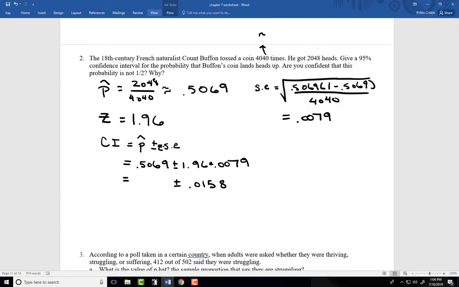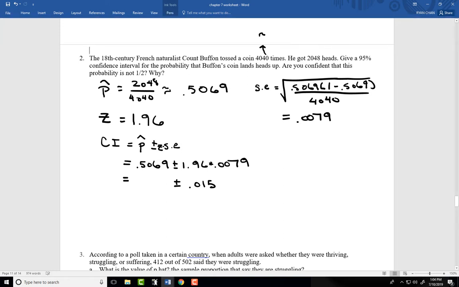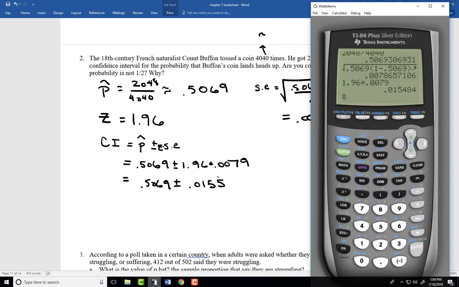No, it's 5.5, my bad. Then take your calculator out and add and subtract: 0.5069 plus 0.0155, and 0.5069 minus 0.0155.